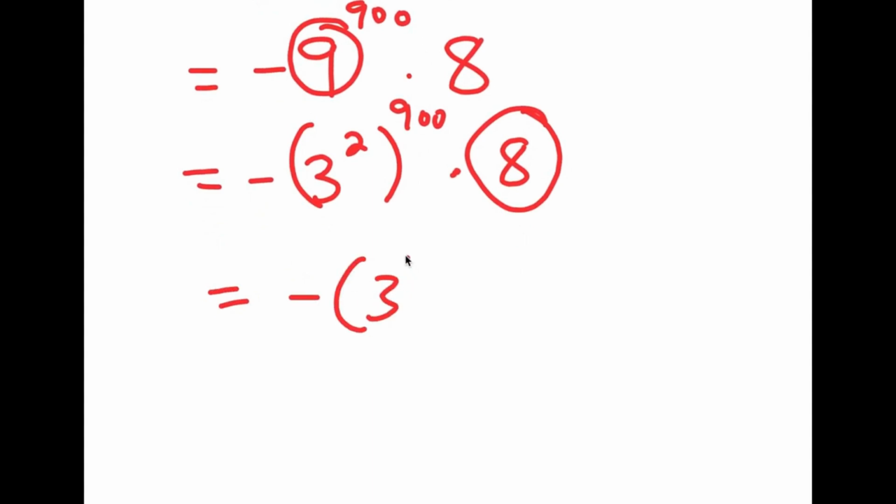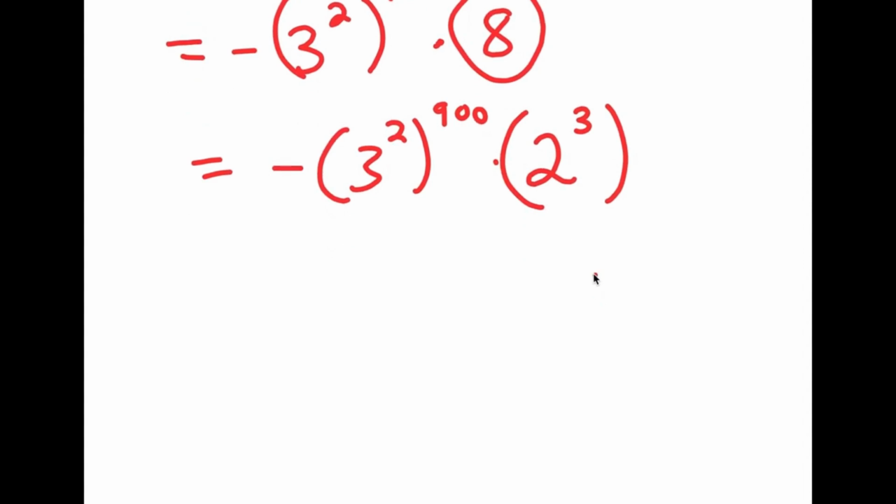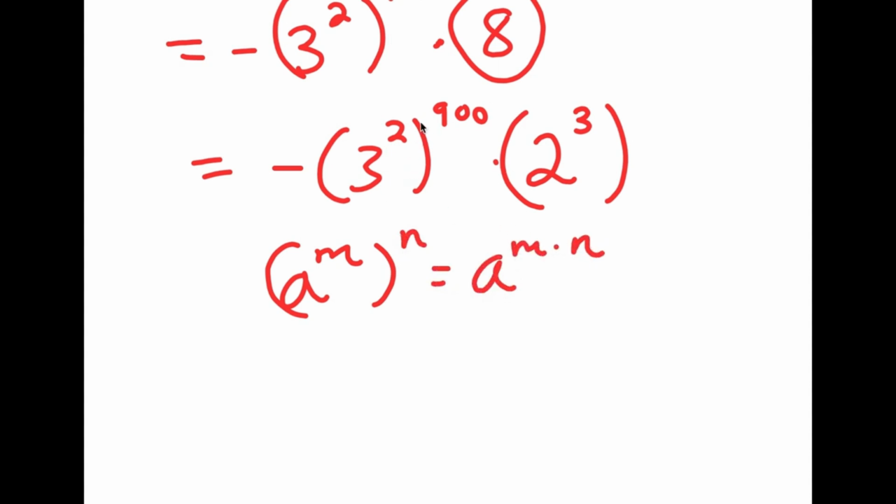So I have negative 3 squared to the power of 900 times 2 to the power of 3. And now remember, if I have something in the form a to the power of m to the power of n, this is equal to a to the power of m times n.